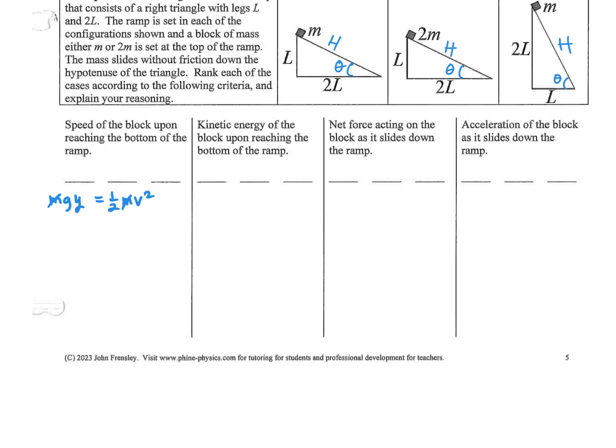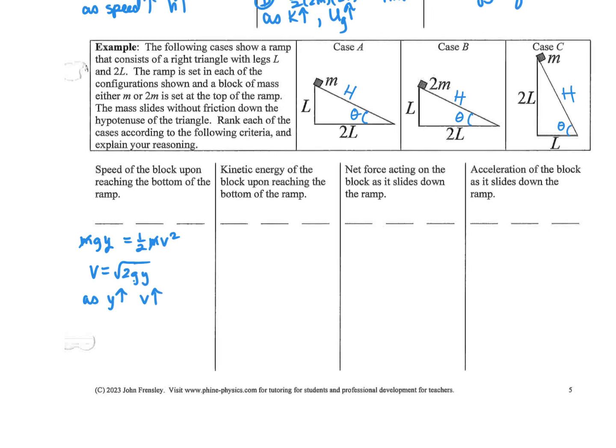It'll still cancel out, won't it? All right, so now we end up with gy equals 1/2 v squared. So if we solve this, we get v is equal to the square root of 2gy. So what do we know? We know as y increases, the velocity increases. So which one has the highest y? That would be the third one, case C. So case C is bigger, and then A and B have the same gravitational potential energy, so those are the same speed as they hit the bottom.